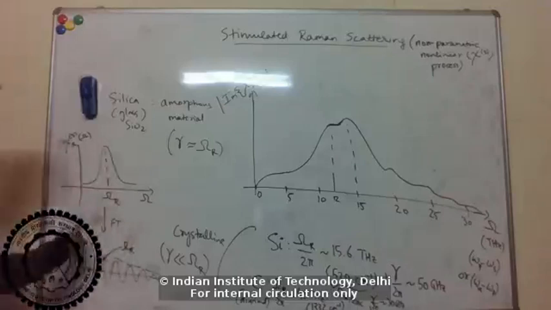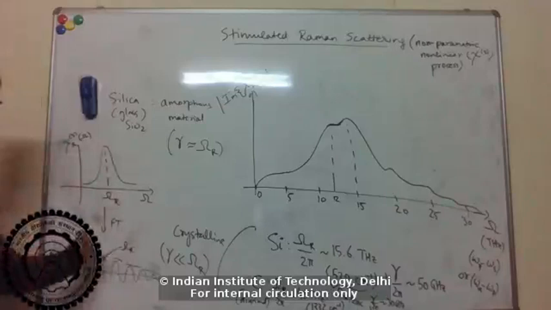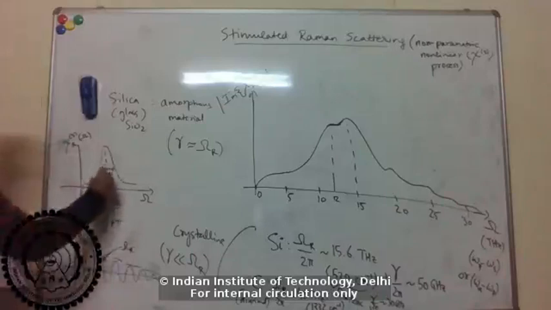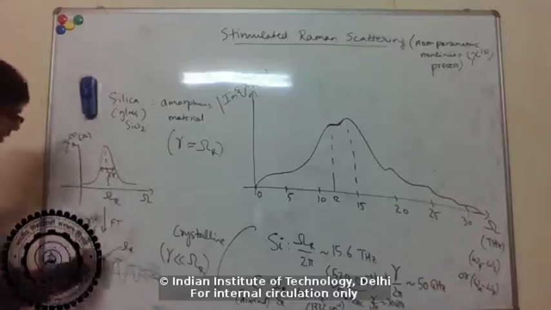And the time scale over which it decays, the exponential decay time scale, if the width is 2 gamma, is proportional to the inverse of gamma. So that's the lifetime.